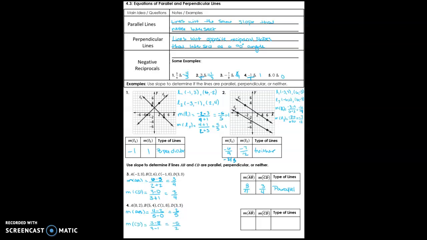For CD, you should get 3 minus 8 over 3 minus 1, so you should get -5/2. When you fill this in your table, you get 2/5 and -5/2. So these are opposite reciprocals here, so they are perpendicular.